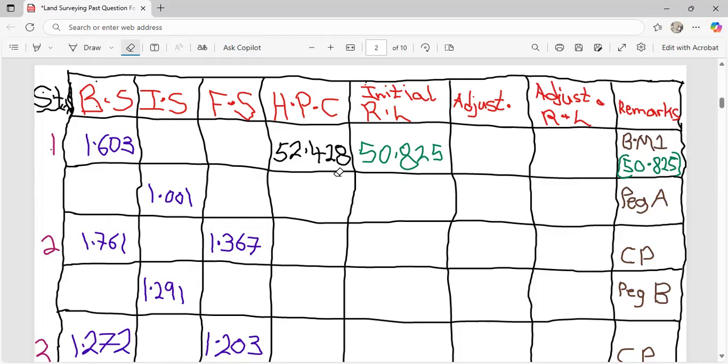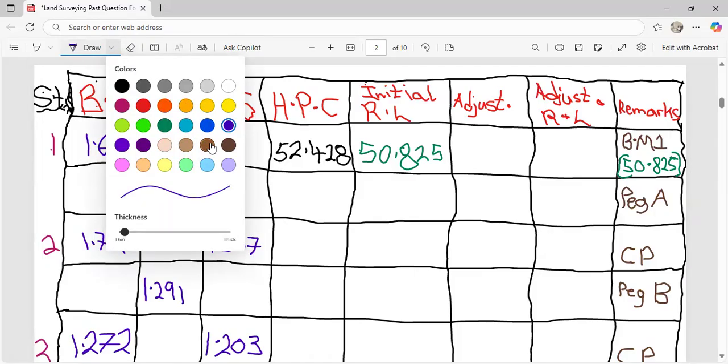We had that by subtracting the 1.001, which is 52.428 minus 1.001. Okay. And at the end of the day, you realize that you are going to get what? 51.427 for your next initial reduced level.